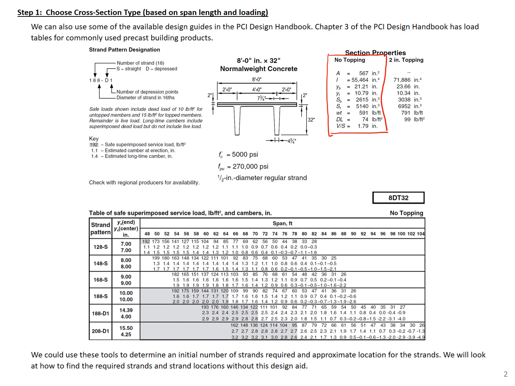So we could come here with our 70 foot span and determine our safe superimposed service load that we need, and then figure out the number of strands that we need and the location of those strands. So for this design, we're going to pretend we don't have this, and we'll use a kern point analysis to figure out an initial starting point for strand area and strand location.